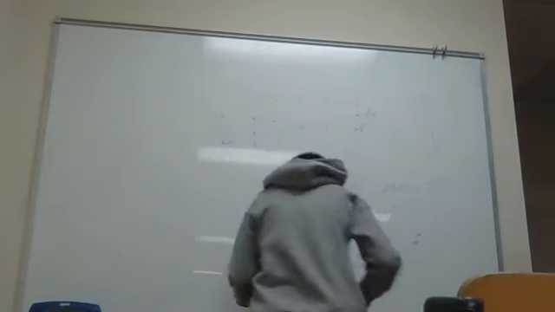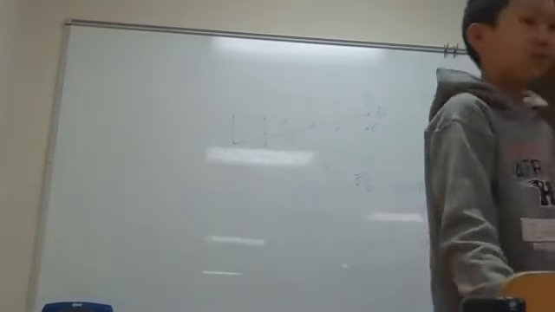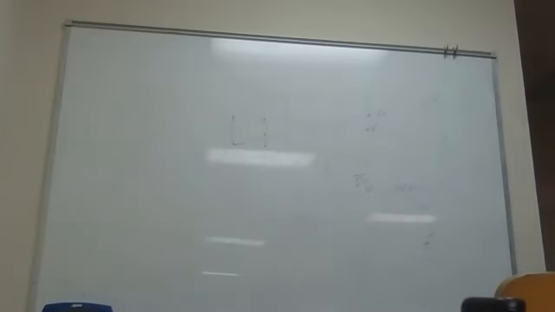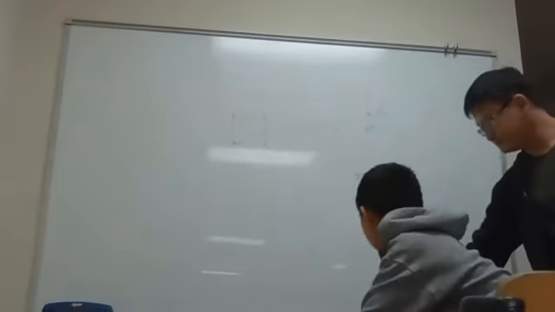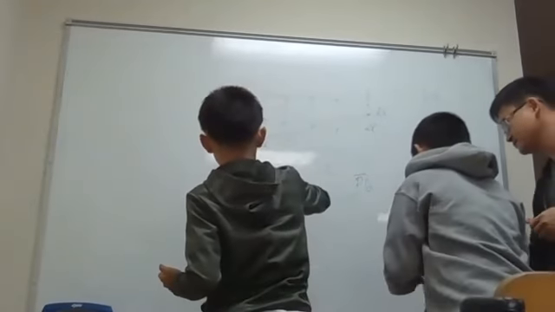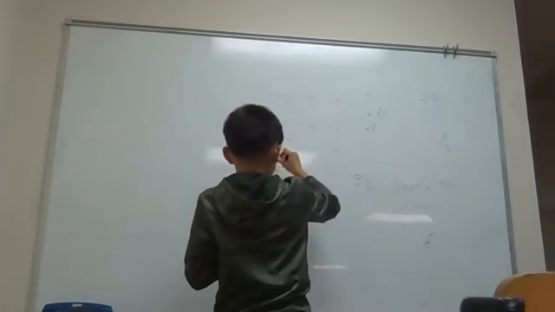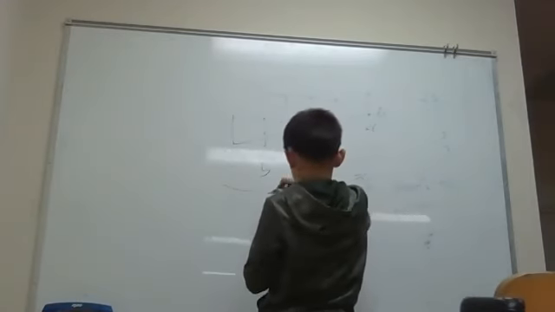Does anyone see how he got QY? It's the area formula for a triangle. So we know that all of this is equal to 5, and if we subtract this, that's equal to 4.